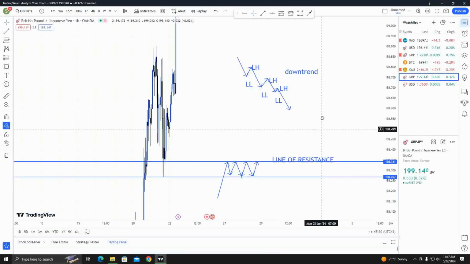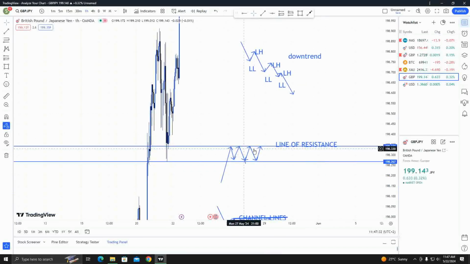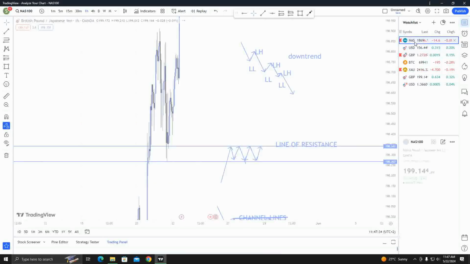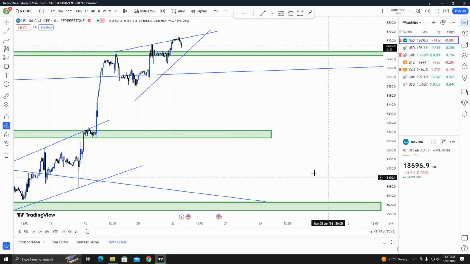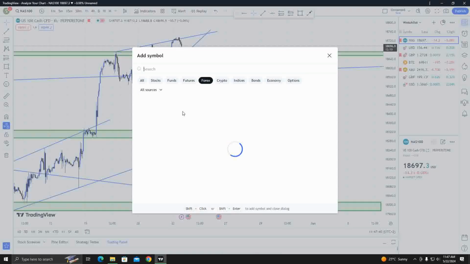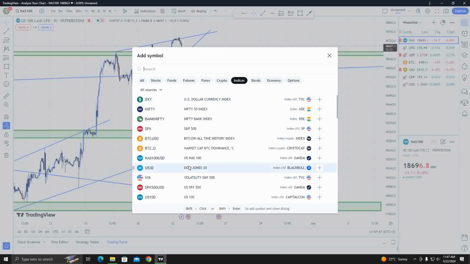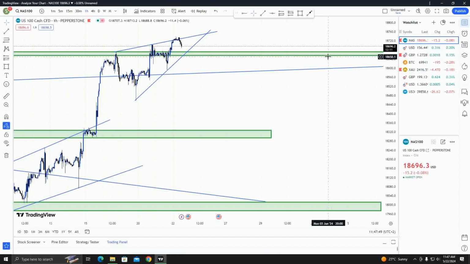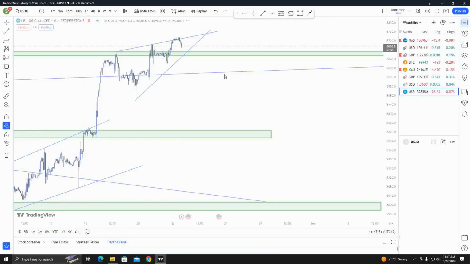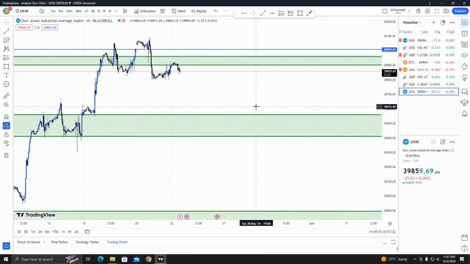And then the line of resistance is these lines that always try to resist. I will show you here with US 30. On the indices US 30, I've already marked a couple of resistance lines for you there, guys.